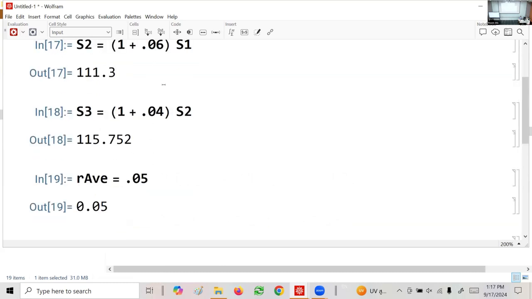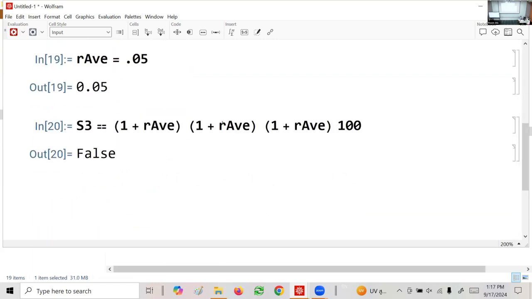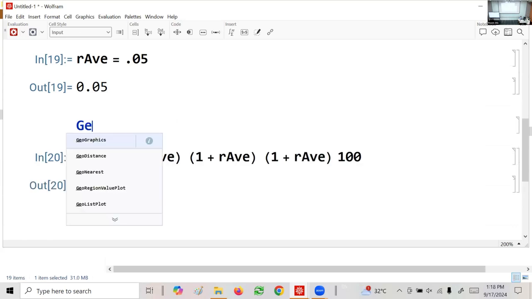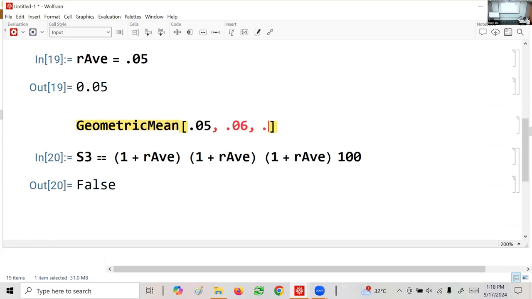Okay, so I can do this. So this is R1, R2, R3, right? What is the right average to use here? It is geometric mean of, say, 0.05, 0.06, 0.04.